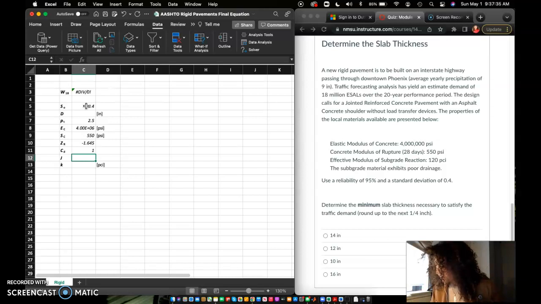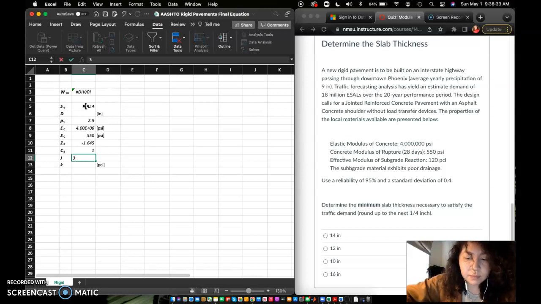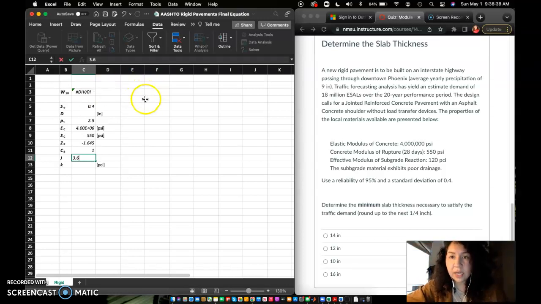We know it's JRCP, and it's plain PCC, without load transfer devices, so that's going to be no. I'm going to stay with my 3.6. 3.6, it's without load transfer devices.